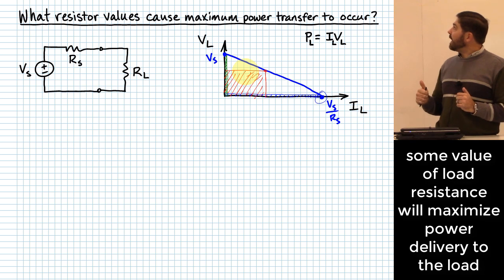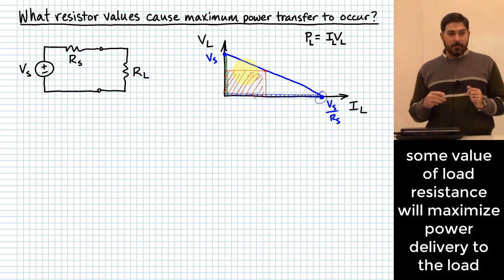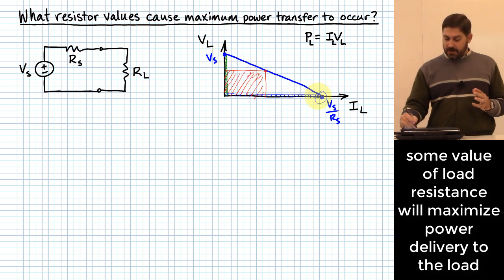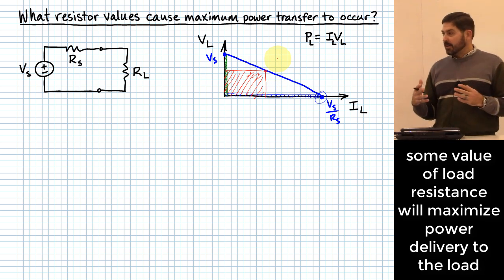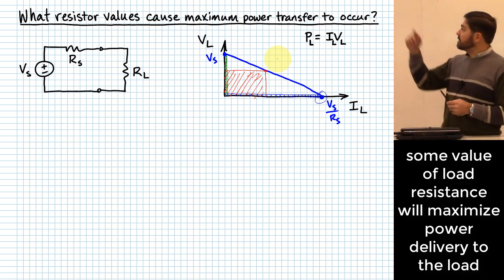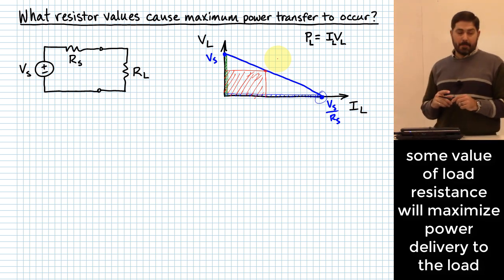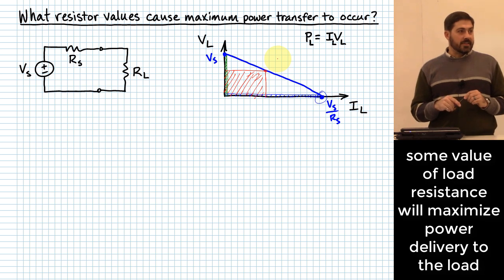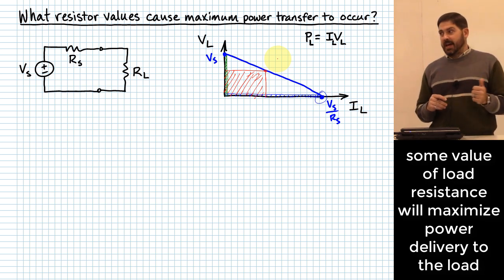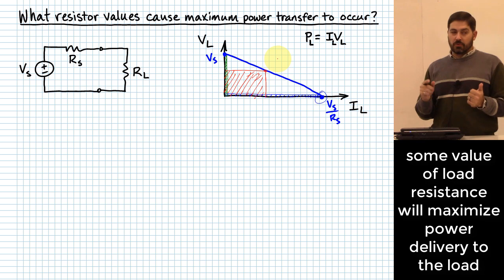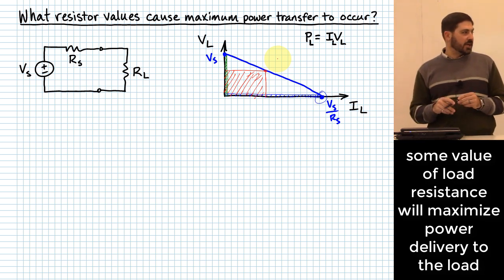One, how much power could we deliver maximum? Because we go from 0 back down to 0, but somewhere in the middle it's not 0, so there must be a maximum somewhere. So how much power can a practical voltage source, in this case, deliver maximum? And then what value would we need to have for RL in order for it to deliver that power? Those are our interesting questions that we're going to try to set up here.